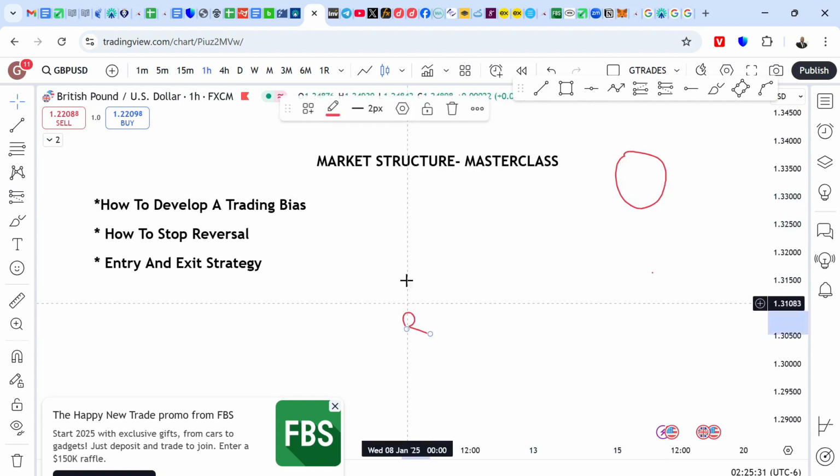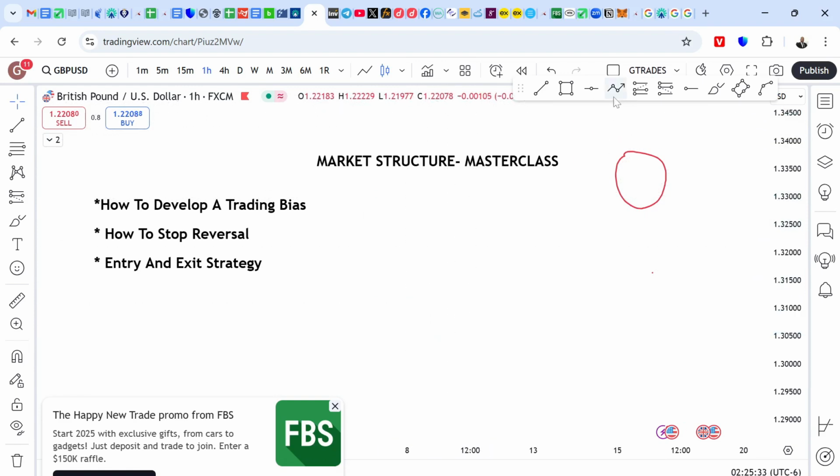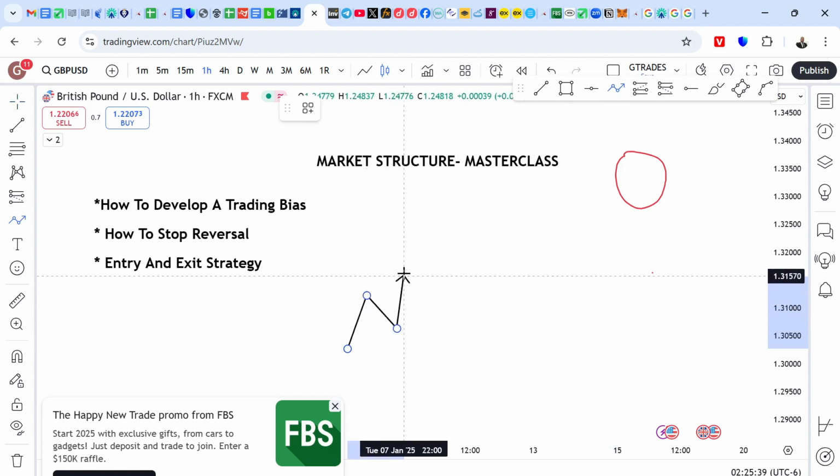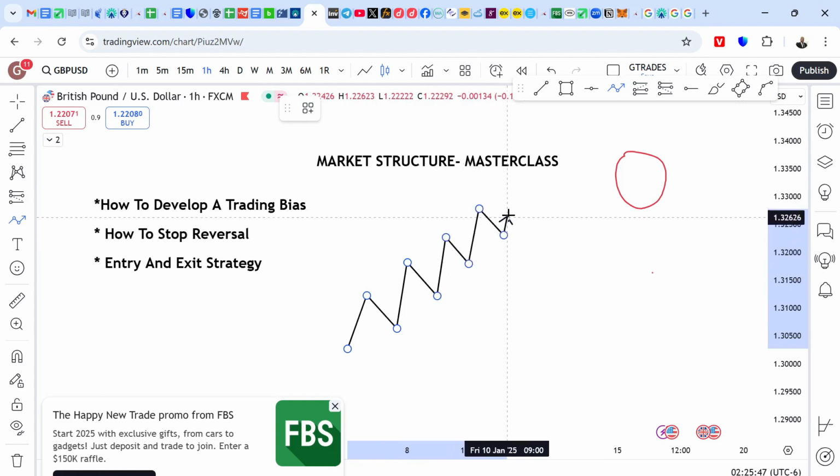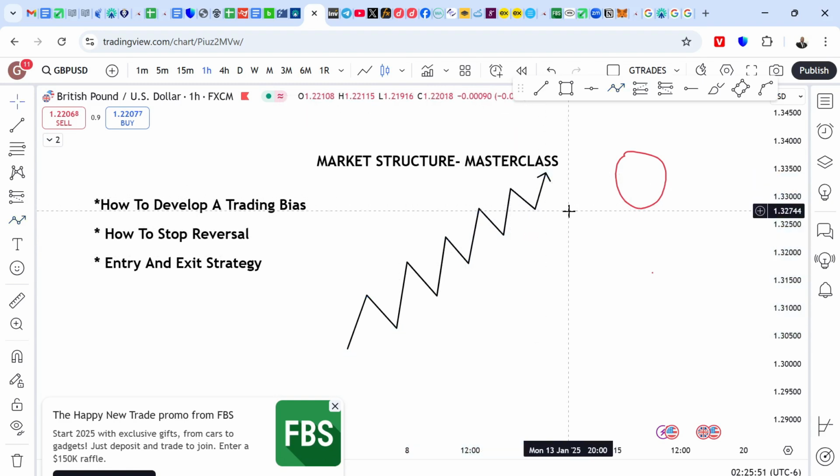Now, we have the characteristics of an uptrend. What are the characteristics of an uptrend? We have a high and a low, which means a higher high, a higher low, a higher high, higher low, higher high. Now, why are we saying higher high, higher low?